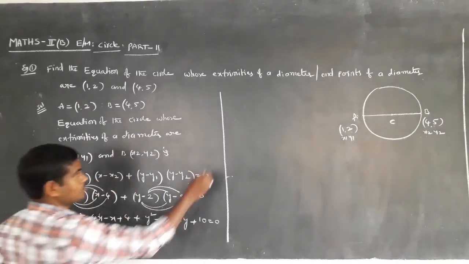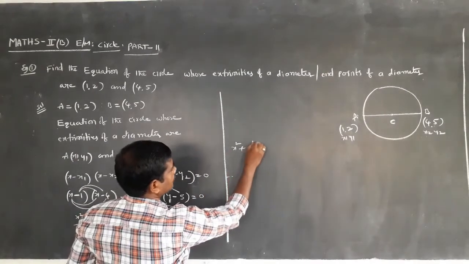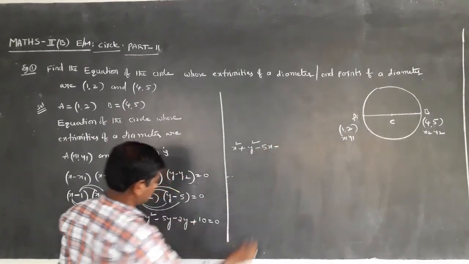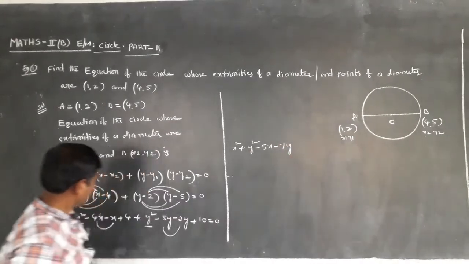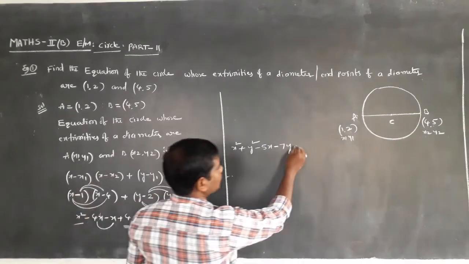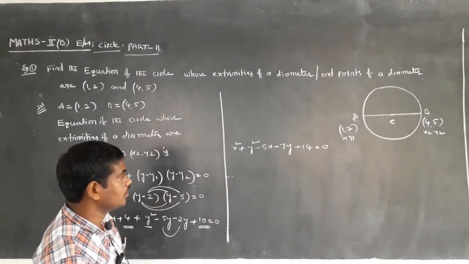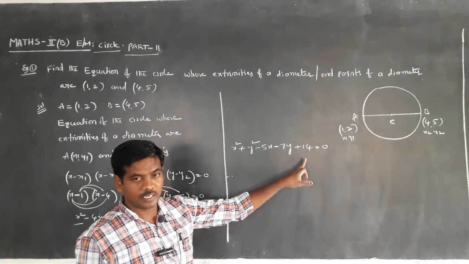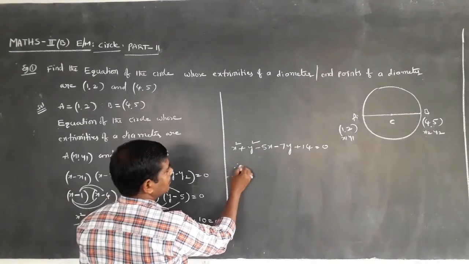Writing in order: x square plus y square minus 4x minus x is minus 5x, minus 5y minus 2y is minus 7y. Again the constant values 4 plus 10 is 14, is equal to 0, which is x square plus y square minus 5x minus 7y plus 14 is equal to 0, which is the required equation of the circle.